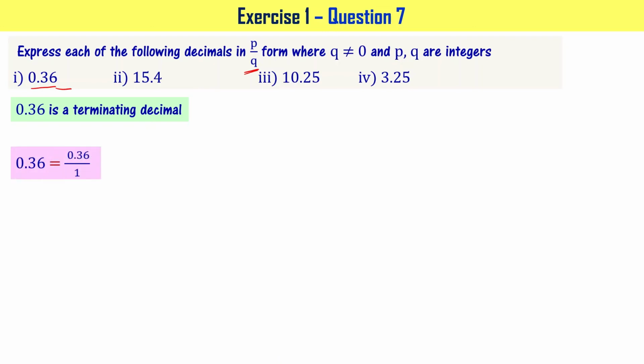0.36 can be written as 0.36 by 1, right? But this is not a rational number, because the p here is not an integer, though 1 is an integer. 0.36 is not an integer.